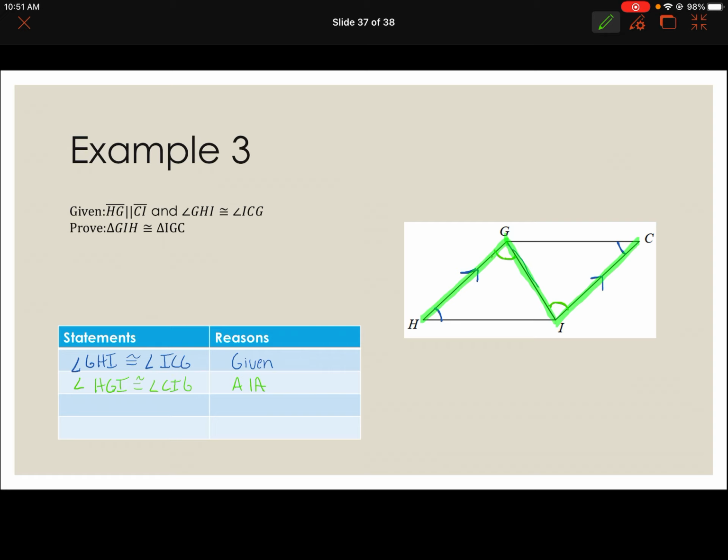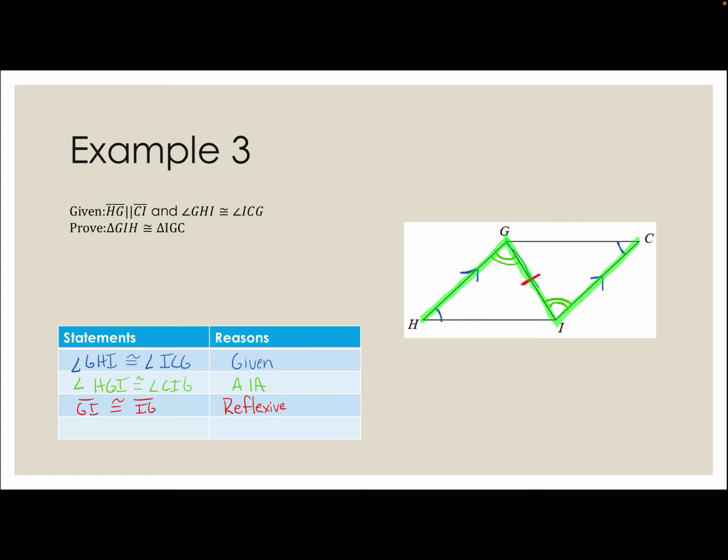So now we have two congruences. Let's put two arcs on this so that we don't confuse them with the blue angles. And next, they share this side GI. So we want to have GI is congruent to IG, and that's going to be the reflexive property.